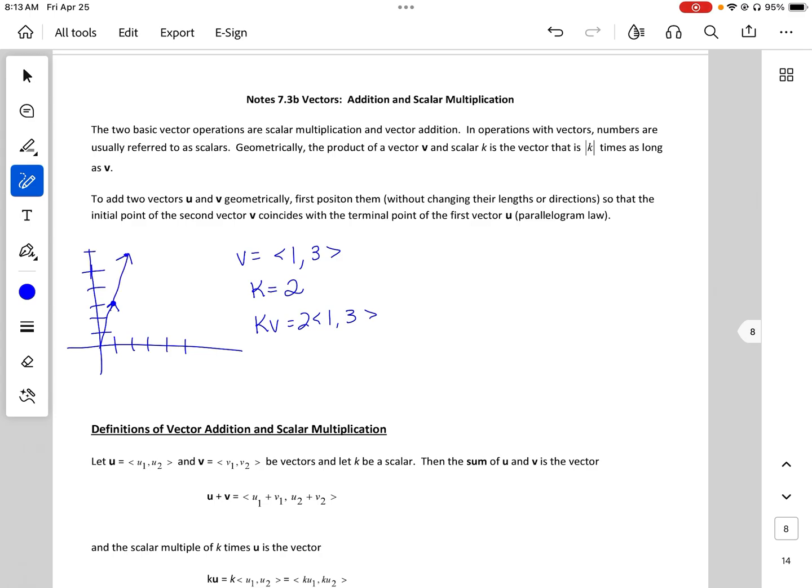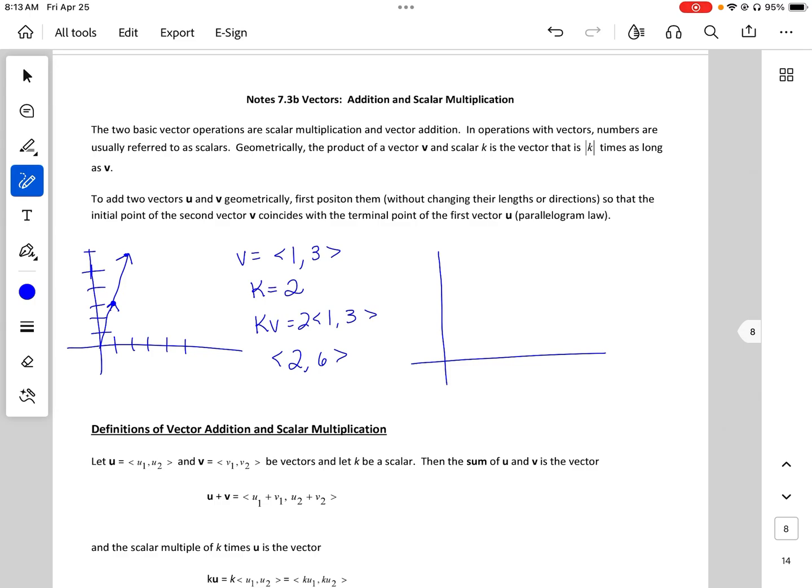So it's going to be 2 times as long. So it's going to go over 1, up another 3. So this is at 1, 3. The other one's going to be at 2, 6 after you multiply. So it's twice as long.